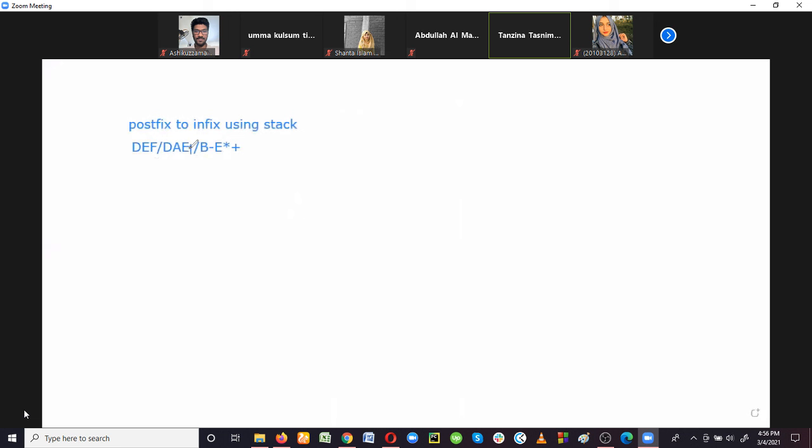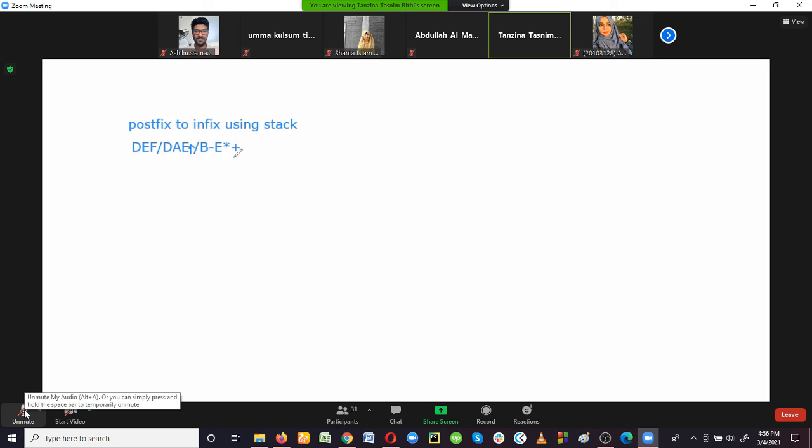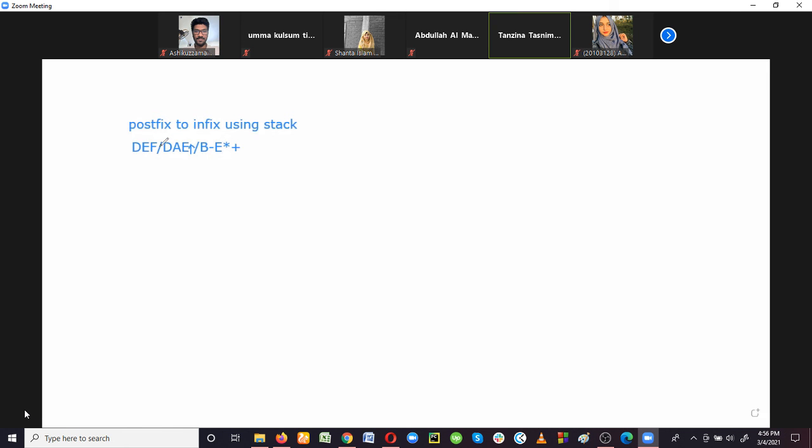So an expression is given and we find out its notation. It's in postfix notation, right? Because we can find the operators after the operands. That's why the expression is in postfix notation and we want to convert it into infix notation, where the operators will be placed between the operands.